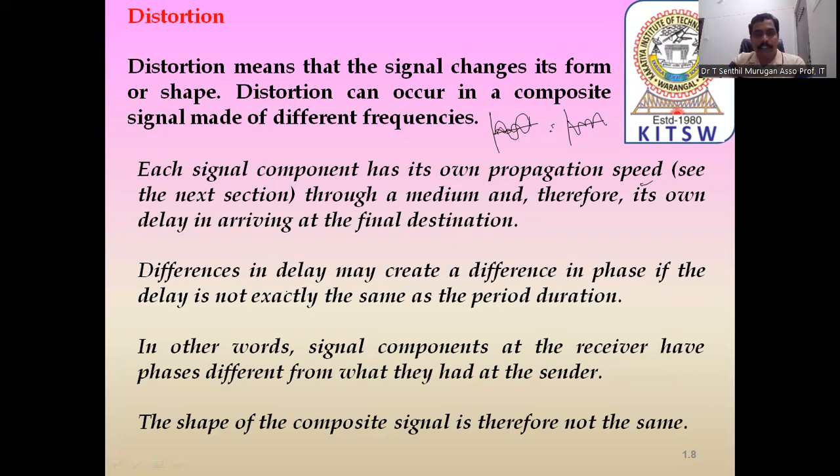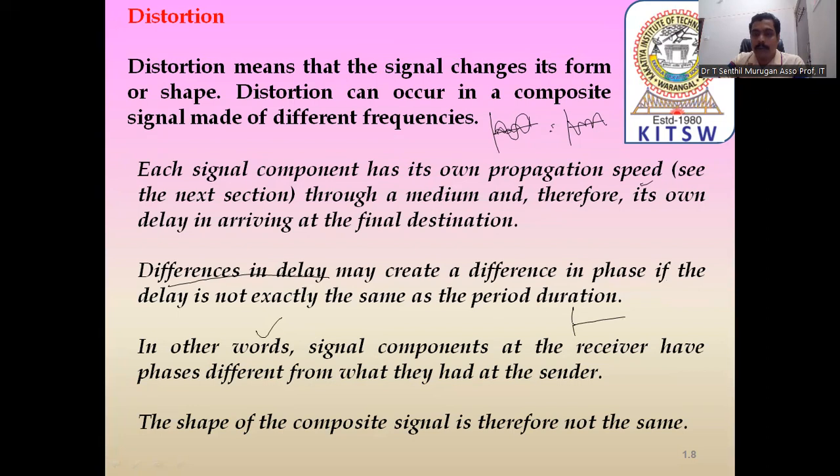The differences in delay may create differences in phase. The delay is not exactly the same as the period duration. In other words, signal components at the receiver have phases different from what they had at the sender. How will the phase be?